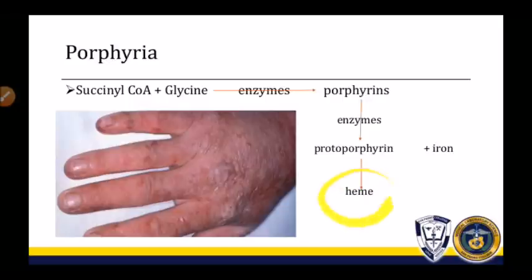So, if wala'y mahimo nga heme, it is then safe to conclude na baba pod ang level sa hemoglobin. So, in porphyria, it is also expected na maka-experience ta og anemia ug baba nga rate sa erythropoiesis since baba man ang hemoglobin sa body.